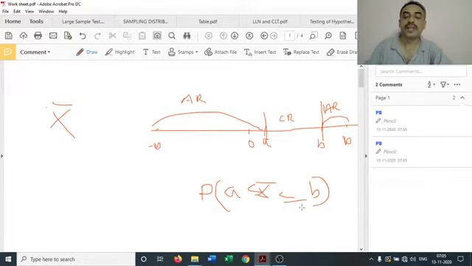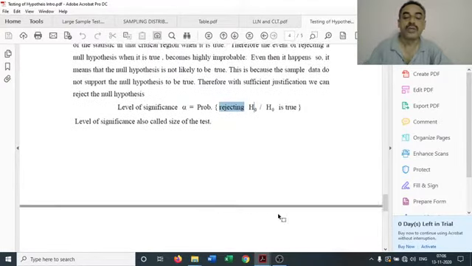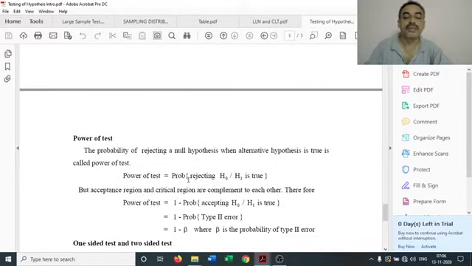So it's simply a computation of a probability. This is when H0 is true, and that is the level of significance, the probability of rejecting H0 when H0 is true. Likewise, we have the power of test as the probability of rejecting H0 when H1 is true.